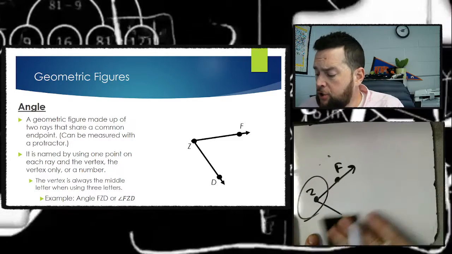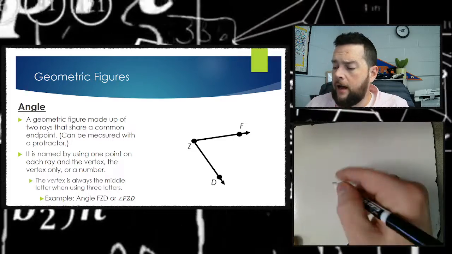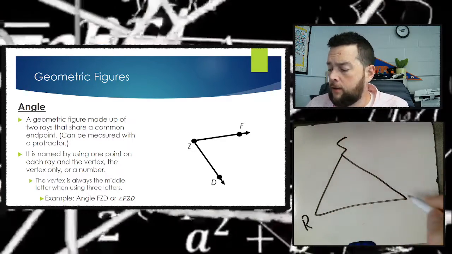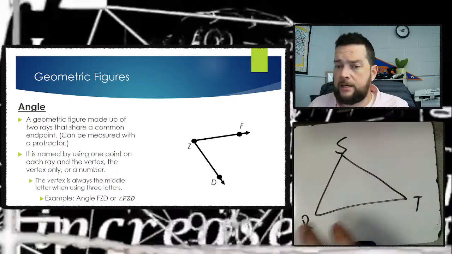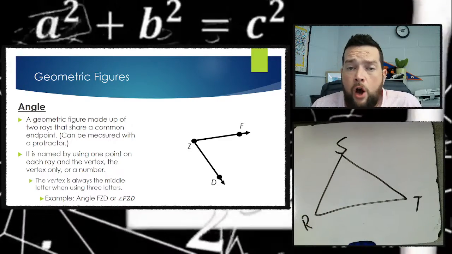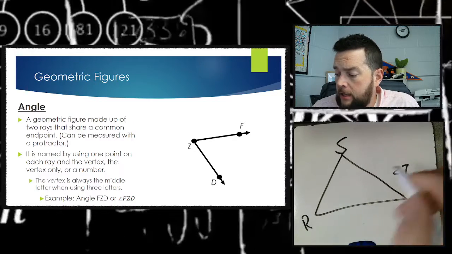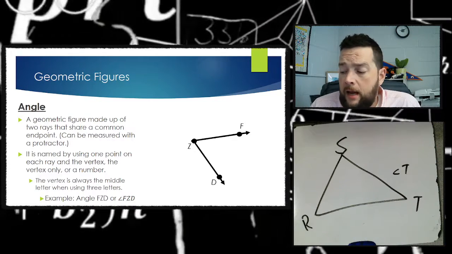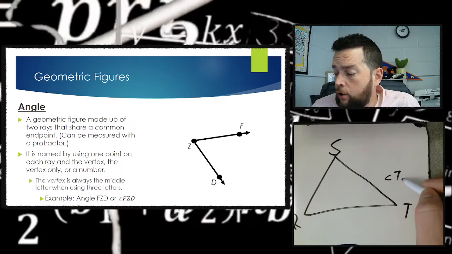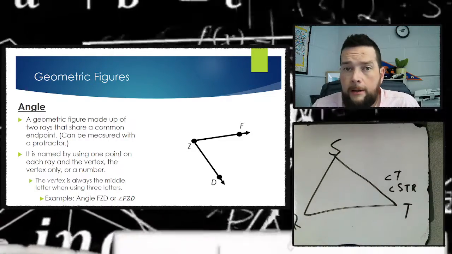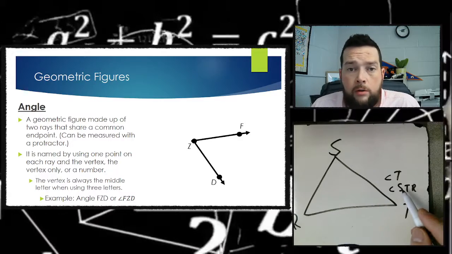And that's especially true when you've got a triangle like this, and you've got 3 different letters representing each of the angles. A really short way to refer to that angle would be angle T, just like that. Now, I could have called it angle STR, but that's a really long way.